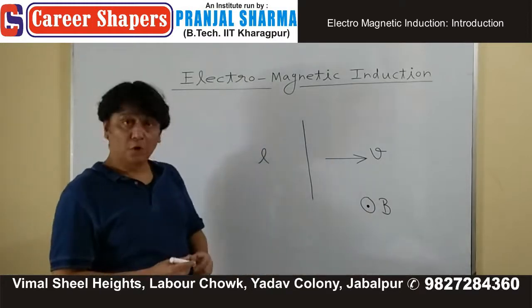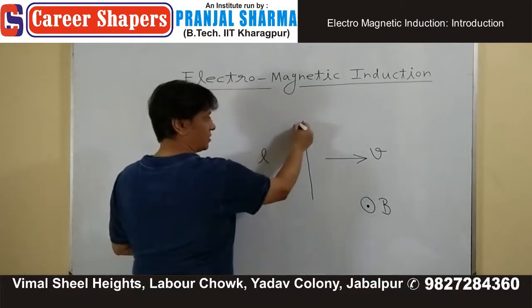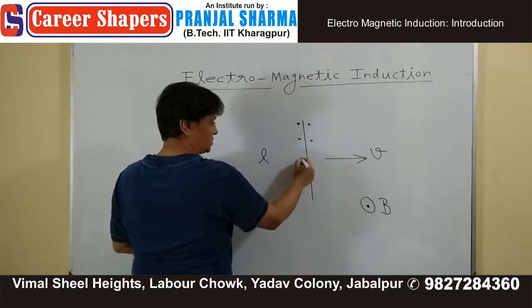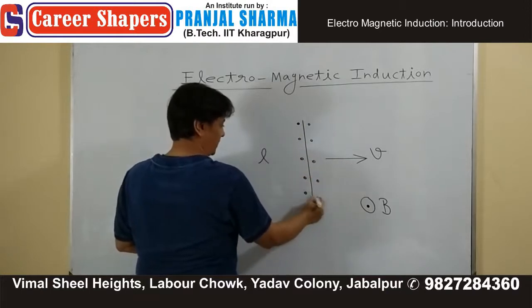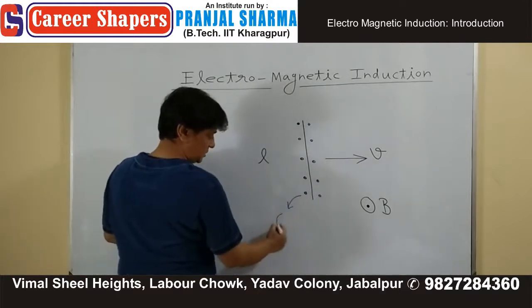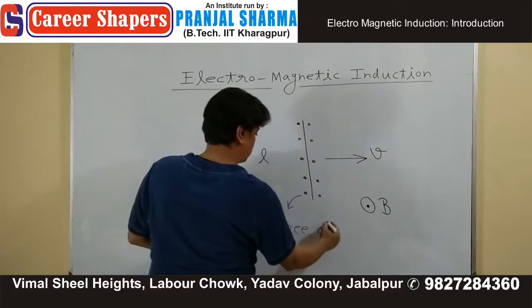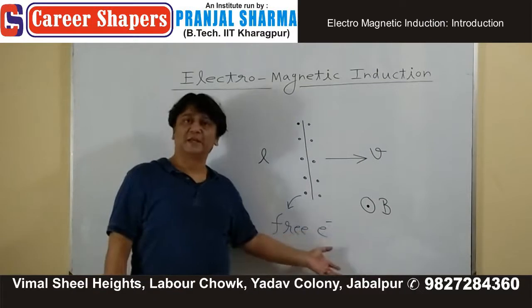Now, you know that on this rod there are free electrons present. So these dots which you see are representing free electrons, the electrons which can easily move.